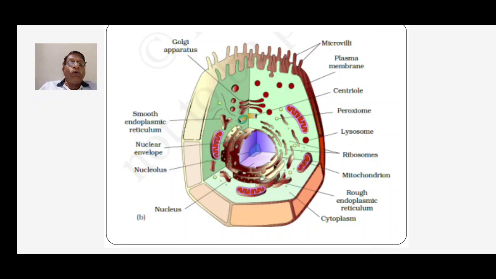As I told you, protoplasm includes both the cytoplasm and the nucleus. So next to the cell membrane, the cytoplasm is present. The cytoplasm contains the cell organelles.